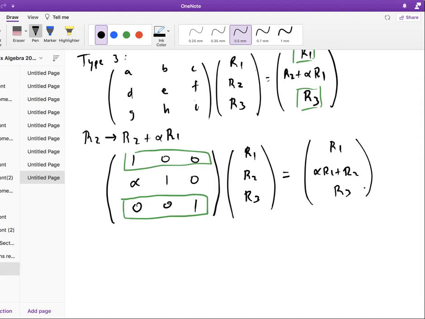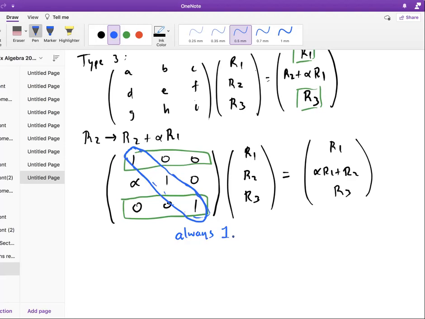Can 0, 0, 1 be the first row? Let's think about it. In a type 3 operation, can someone explain why there has to be a diagonal full of 1s? So actually, no, not for a type 3 operation. What's the only scenario where you have a 0, 0, 1 as the first row?